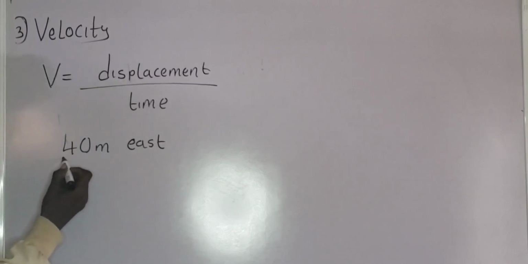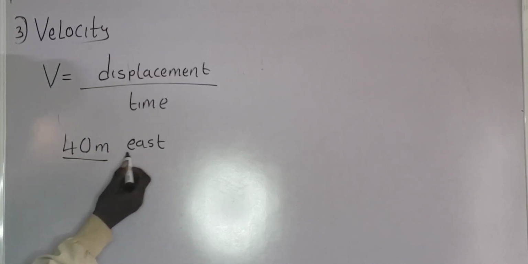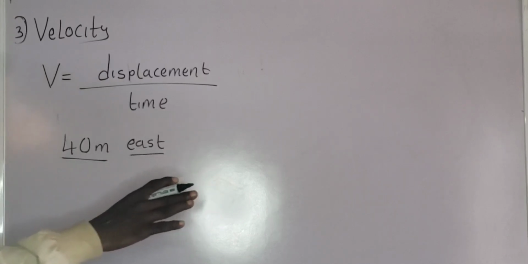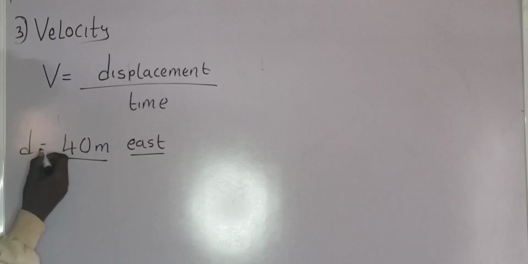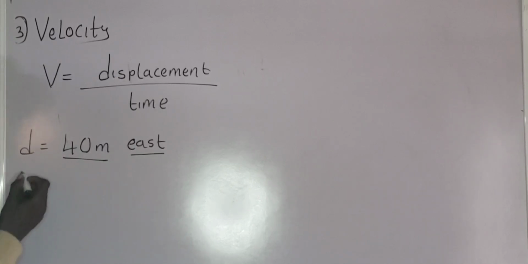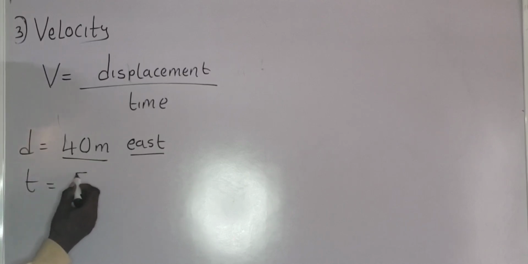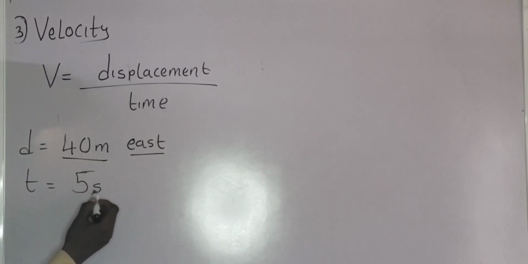So we have the distance, which is the magnitude, and the direction, which is eastward. So therefore, this is what? Displacement. You understand? So the displacement is 40 meters. In 5 seconds, the time given in that question is 5 seconds.